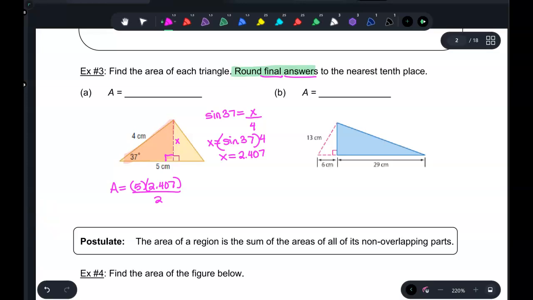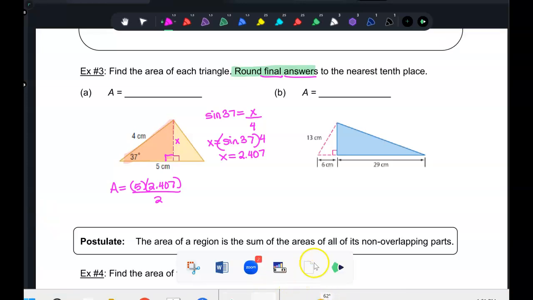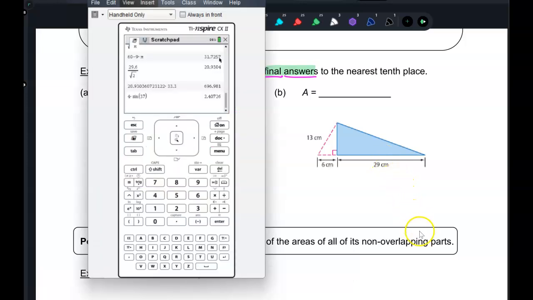So when I plug this into the calculator, there's a few ways you could do this. I could do 5 times, and if I want to pull that previous answer, I just do control and then the negative sign, that will take my previous answer without having rounded it.